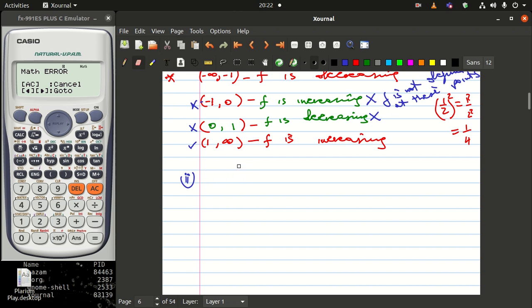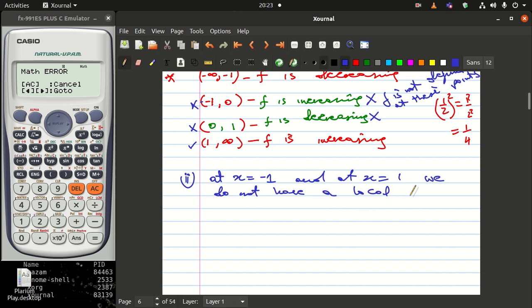I can just say, because both these points are undefined, that at x equal to -1 and at x equal to 1, we do not have a local maximum or local minimum.